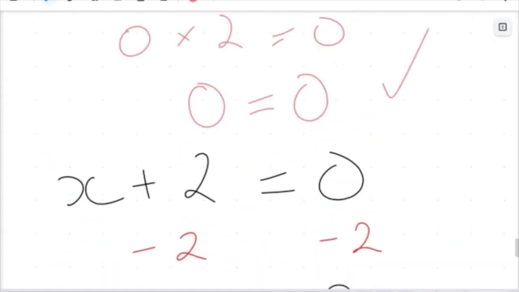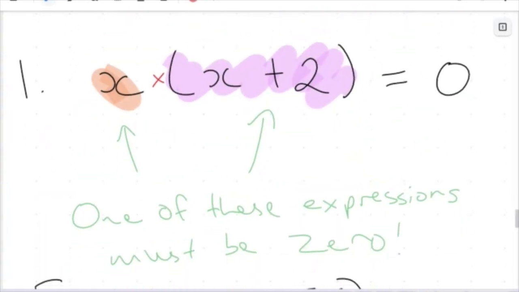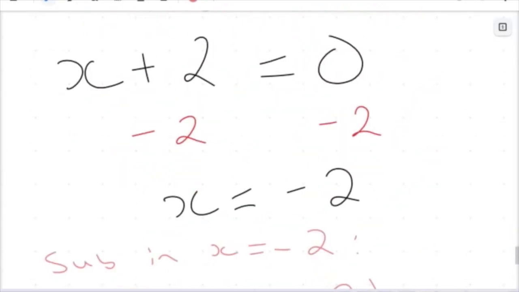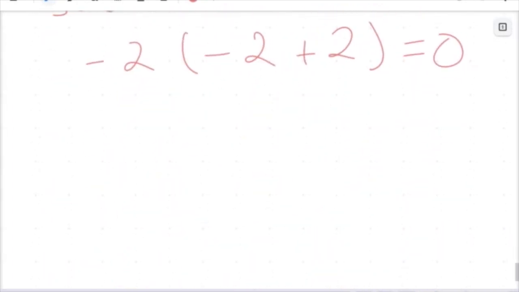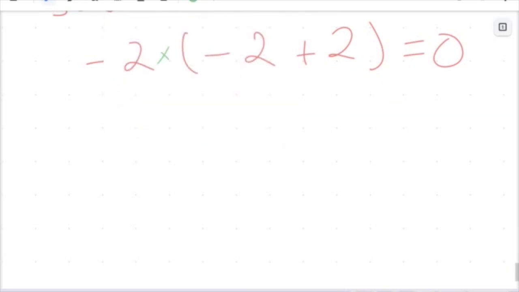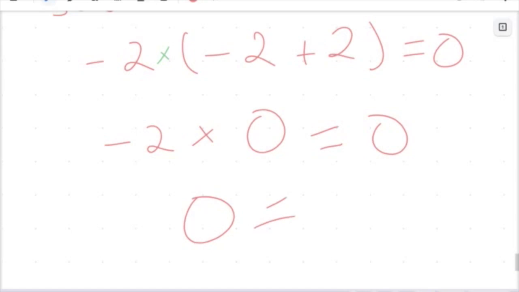That's just me subbing negative 2 into my equation up here. So this negative 2 I can leave alone, but it's multiplying here. And minus 2 plus 2 gives me 0. So I get minus 2 times this thing here becomes 0. And minus 2 times 0 gives me 0. And this is another solution to the equation.